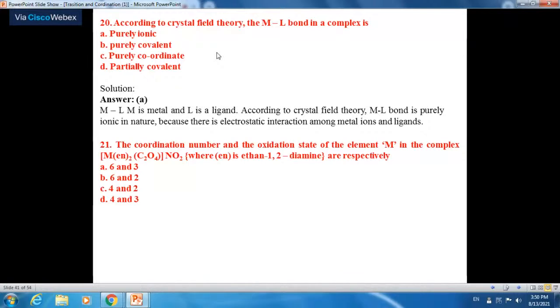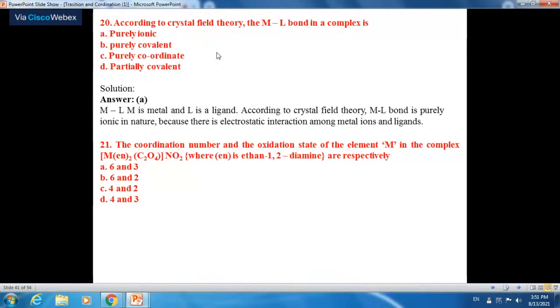Oxalate ion is a negative ligand. It is a bidentate ligand, and ethylenediamine is also a bidentate ligand. NO2 is also an anionic ligand.